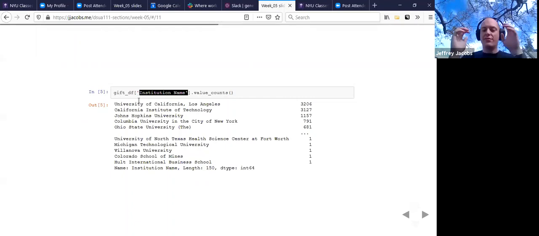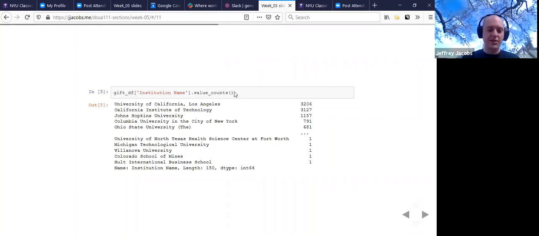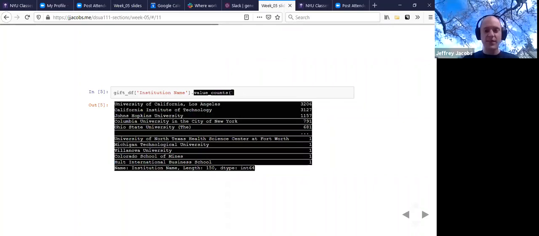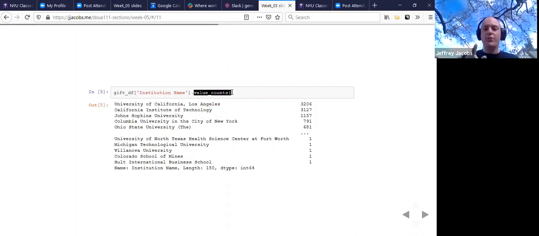Then, if I just did that without the 30,000 things in it, what I do is I say, okay, once you've scooped that column out, now I want to call this value counts function on it. It counts the number of times that each value appears, and it tells you in order what's the most frequently appearing thing and how many times, what's the second most frequently appearing value, how frequently.